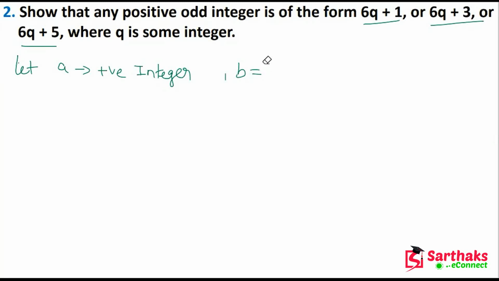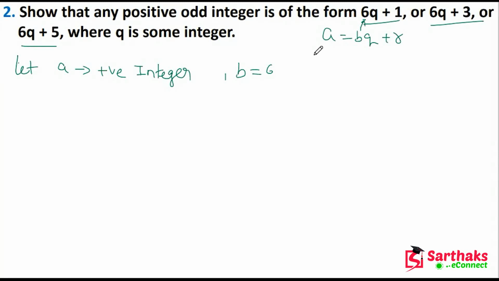How is b equal to 6? I will tell you. If you see 6q plus 1, 6q plus 3 and 6q plus 5, here 6 is common. If we compare with a is equal to bq plus r, here b is 6. I hope you got this point.